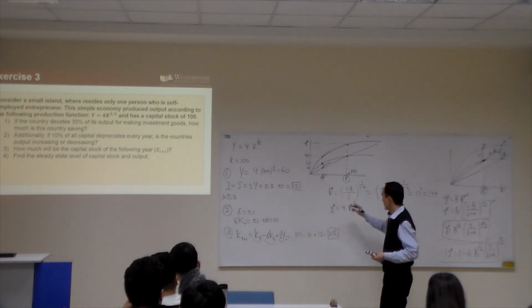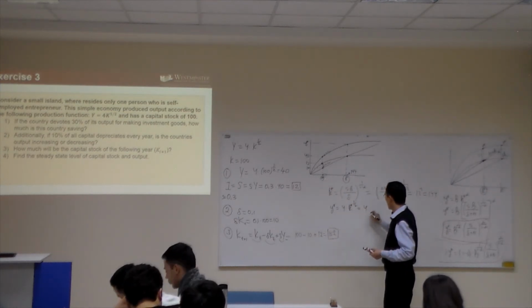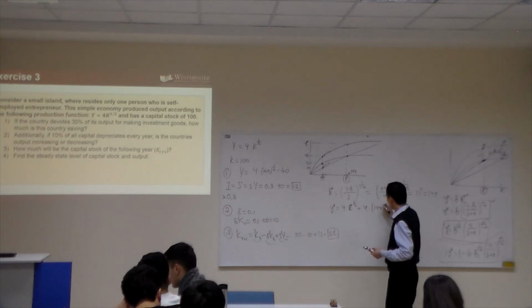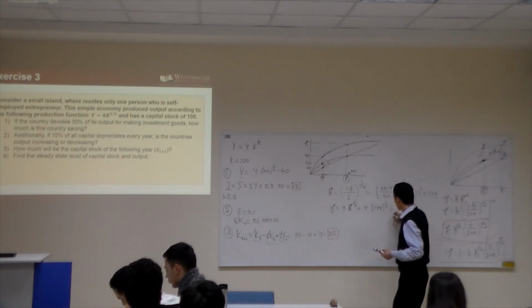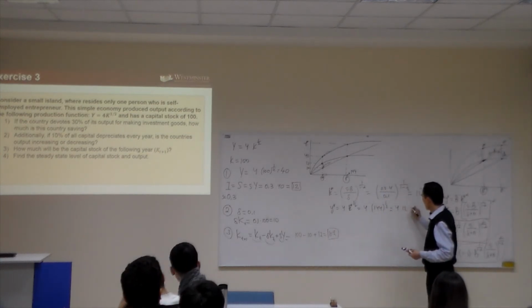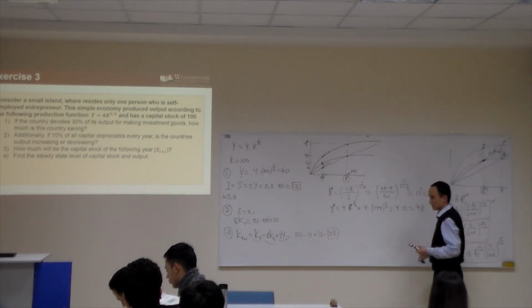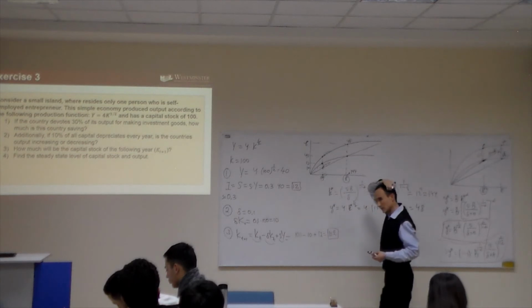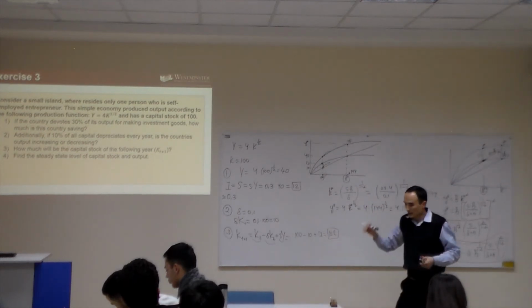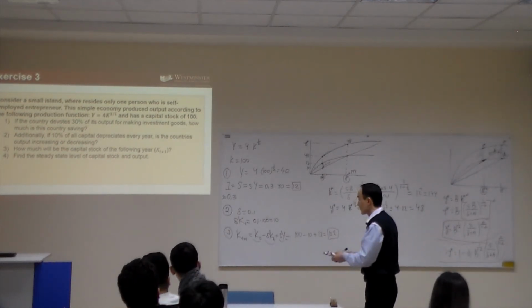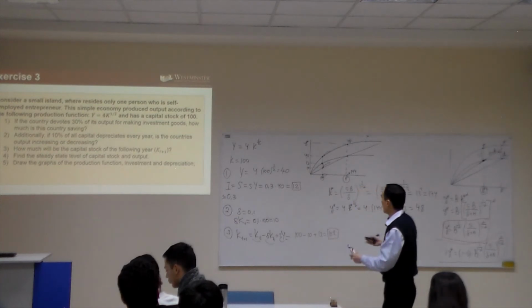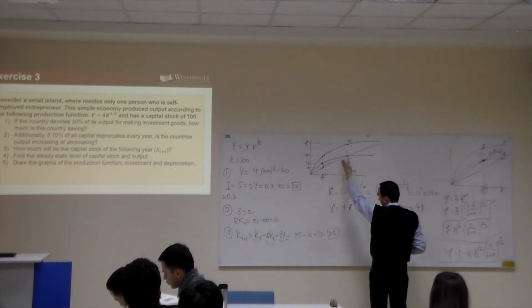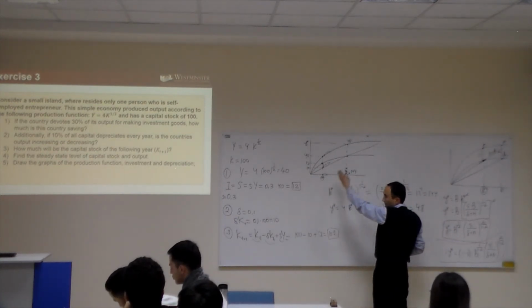So now it's equal to 4 times 144 in the power of 1 over 2, which is 4 times 12. It is 48. So output is 48 at this point. And now we already drew it graphically, okay?